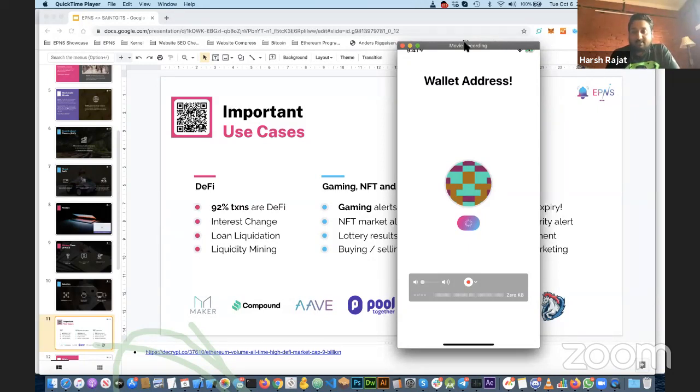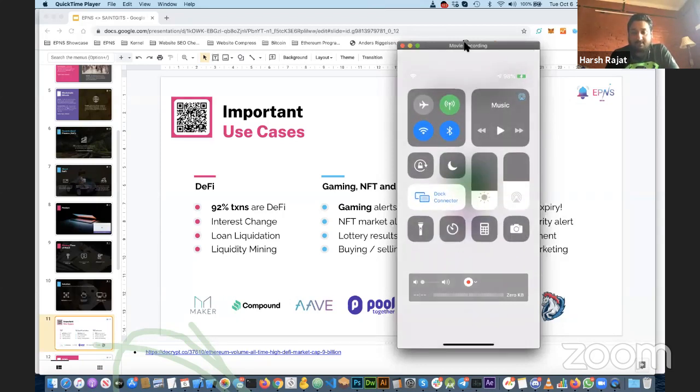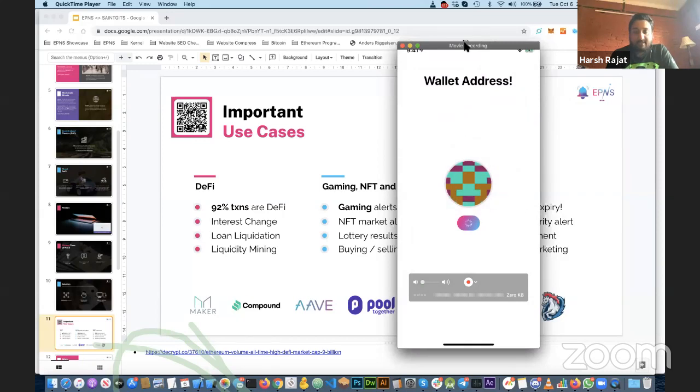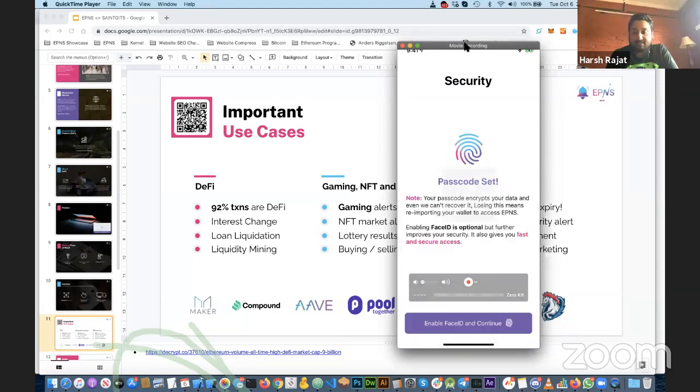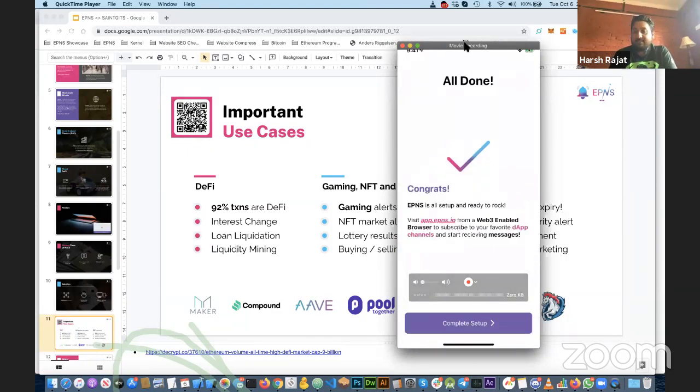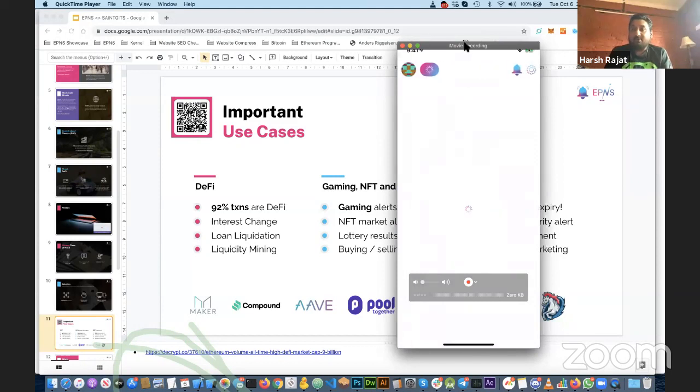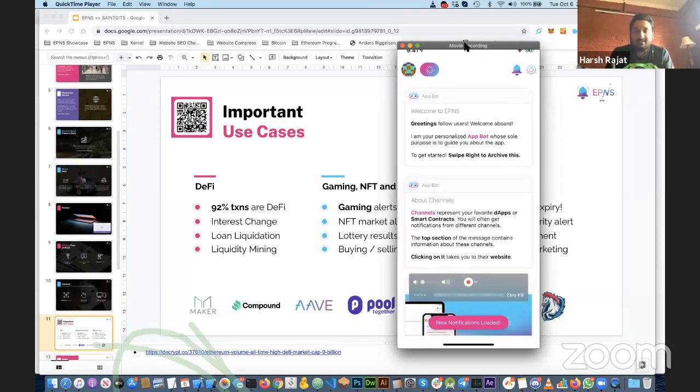So I just scanned the wallet address of Richa. Let me just see if I have internet connectivity. All right. Now again, security, just the basic standard. And that's it, you're all set to receive notifications.